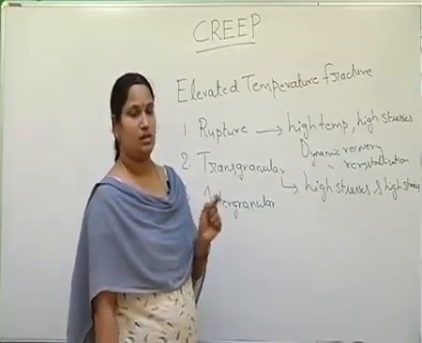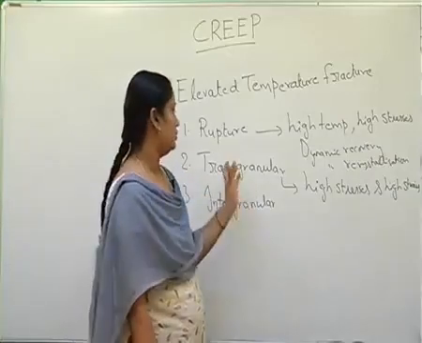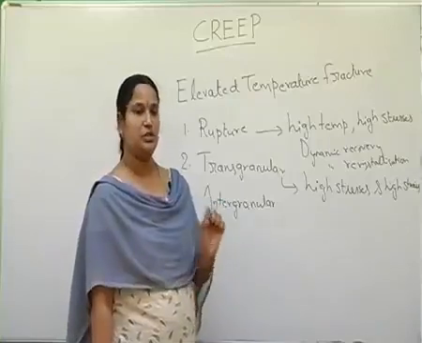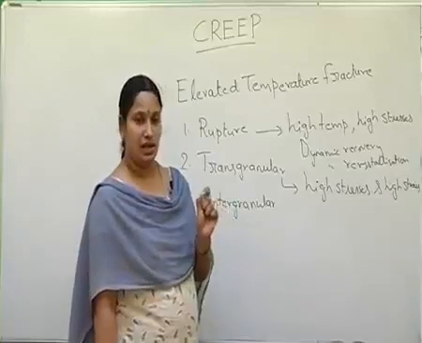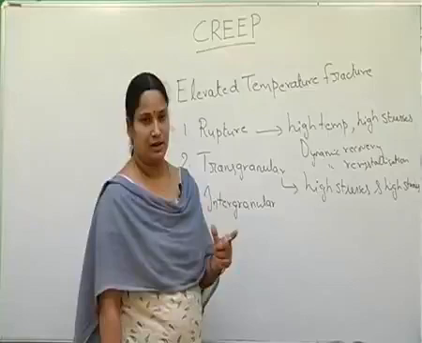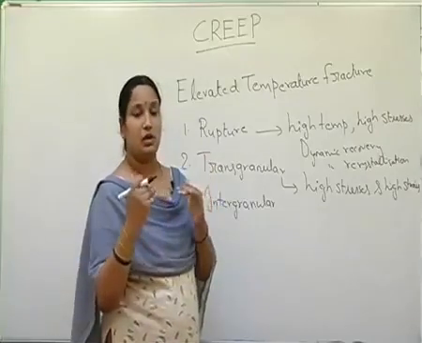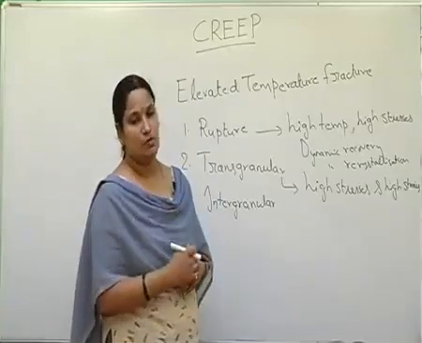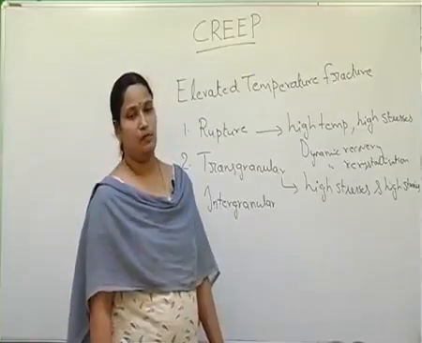Then these voids grow and coalesce to form a large crack. And when the remaining cross section of the material is not able to withstand the stress or load, it results in failure. So this is about the transgranular type of fracture.